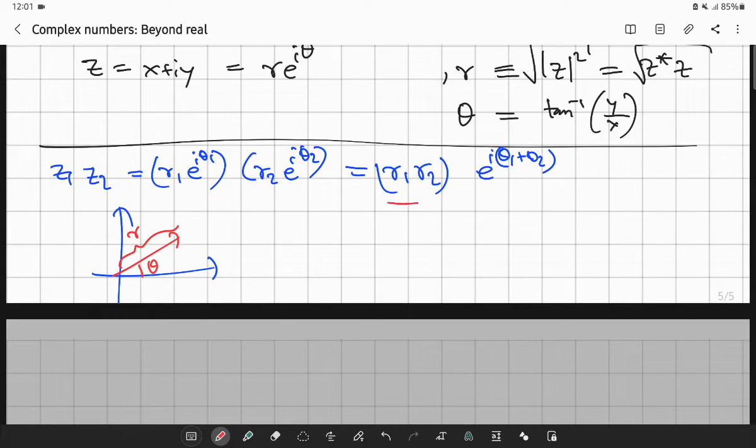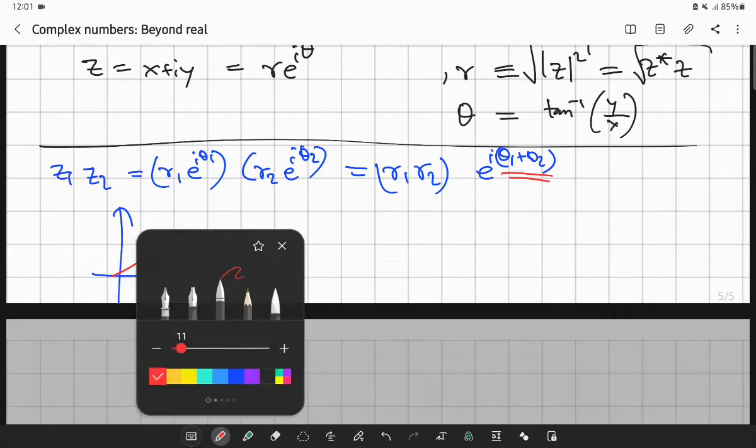So this equation is telling me that if I multiply two numbers z1 and z2, I'll get a complex number that has a magnitude that is the multiplication of the magnitudes of z1 and z2, and the angle is theta 1 plus theta 2, the angles of this vector and the other vector. Let's try and draw this.